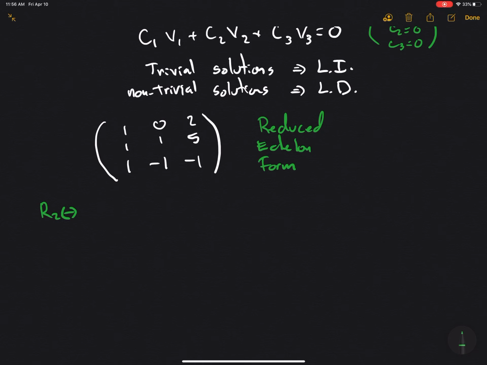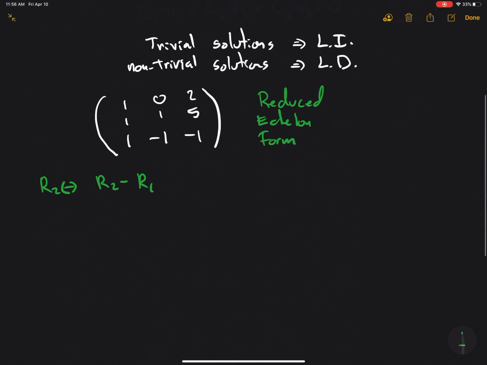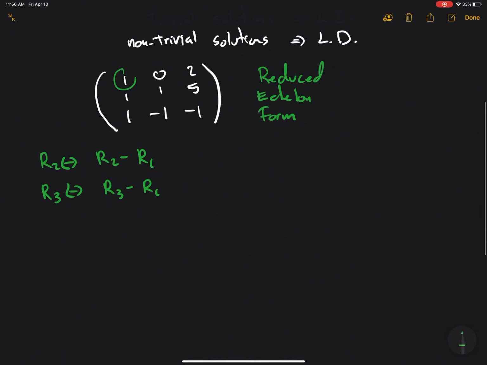So I'm going to replace the second row by the second row minus the first row. And I'll do something similar for the last row. So I'll replace the third row by the third row minus the first row. That way I can just leave this top one as my only pivot for that column.